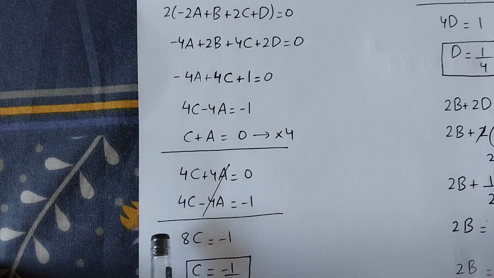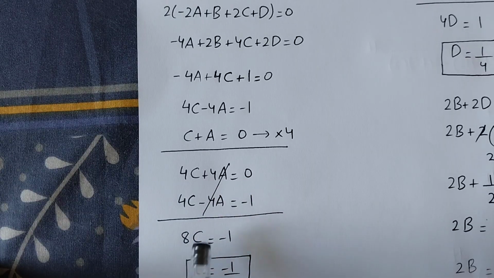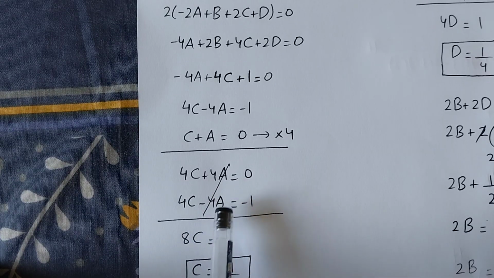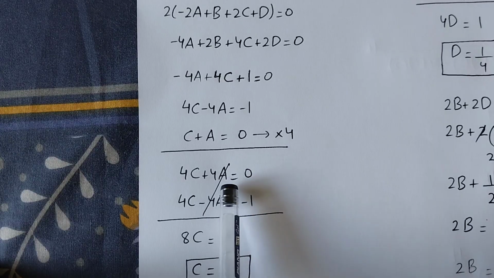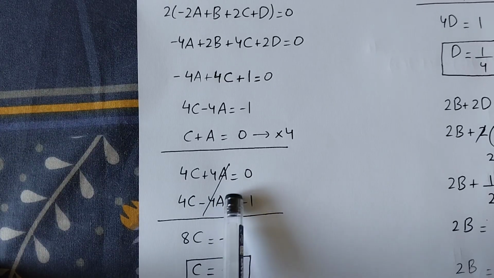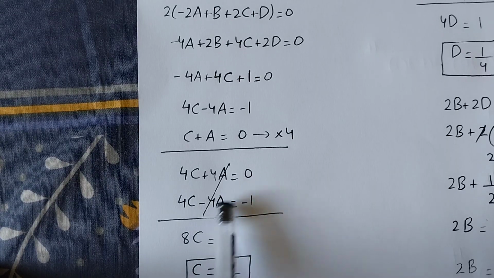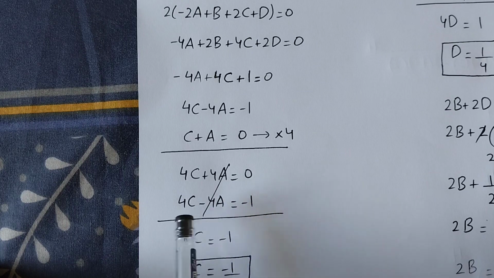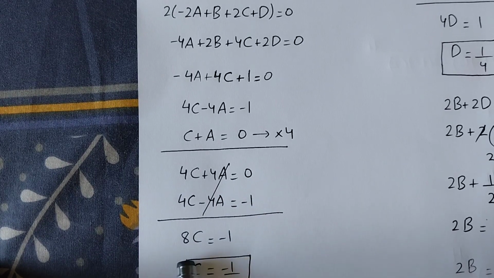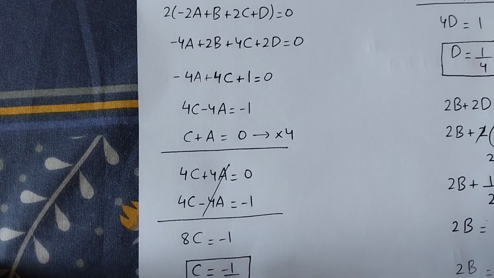Both of these equations can be solved by simply adding them, because a has coefficient plus 4 in this case and minus 4 in this case, so these terms can be cancelled. Adding these two equations, we get 8c equal to minus 1.